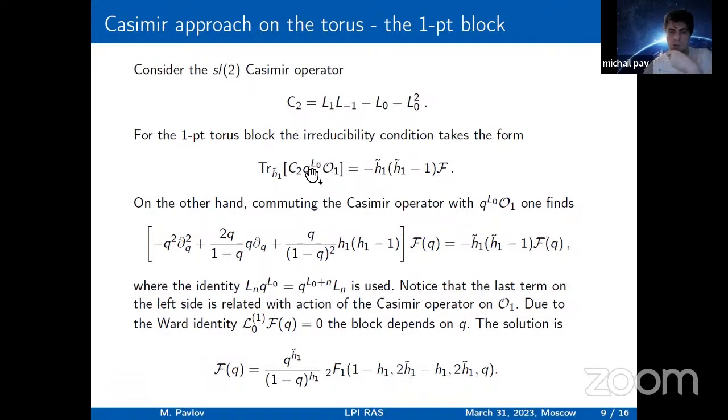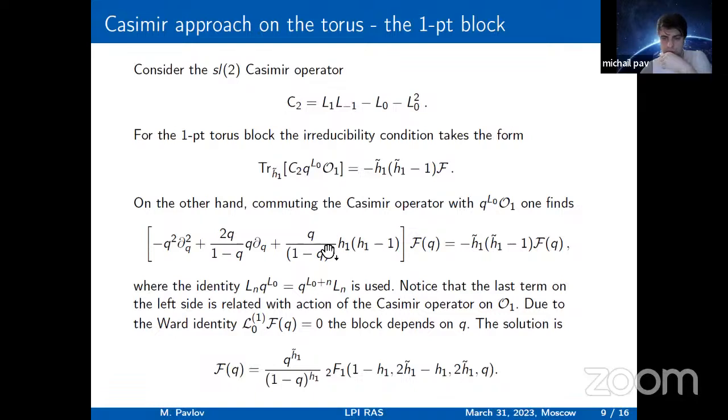And it's quite understandable how to do it. For example, if we consider this operator, which is Q multiplied by the derivative with respect to Q, it gives us L0 because it acts here and L0 goes before this.